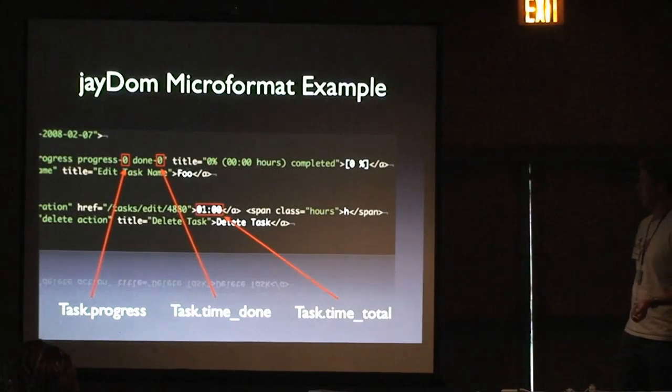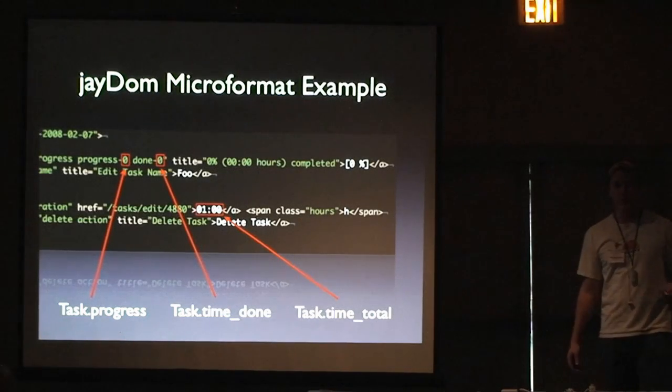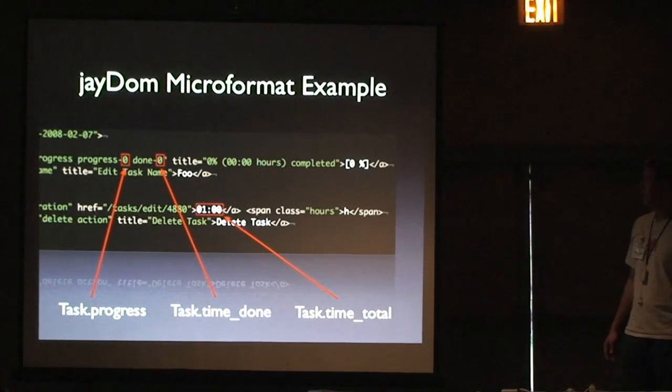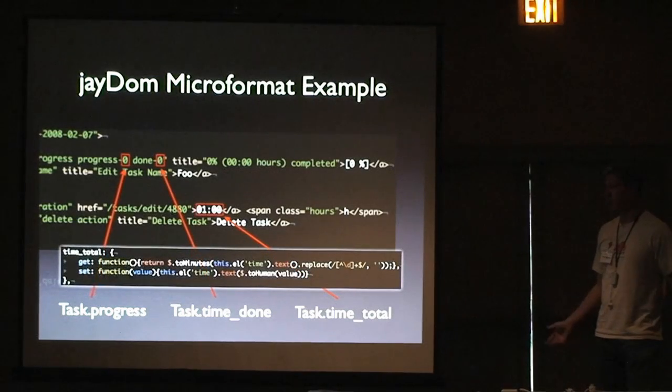The next thing is, for example, the time total, which is a different example to what we've seen so far. Instead of encoding our value inside an attribute, we actually have the text encapsulated in an anchor, but it's still the same kind of stuff.